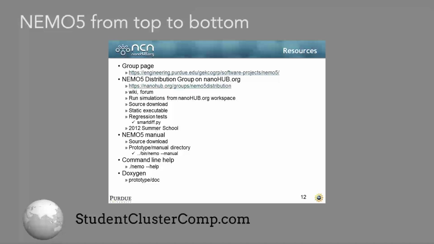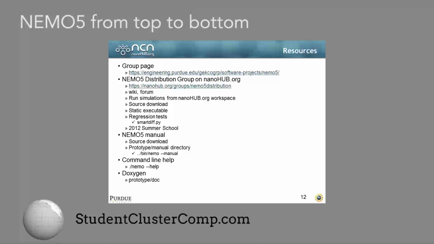Good. What we do with the regression test to make sure that the answers are correct is we basically have, just like the Linux diff command, a slightly smarter version of that, which can basically ignore numerical error.